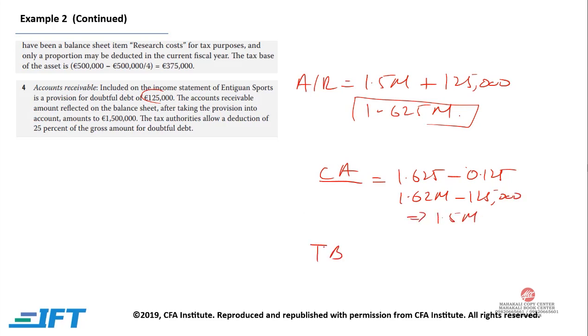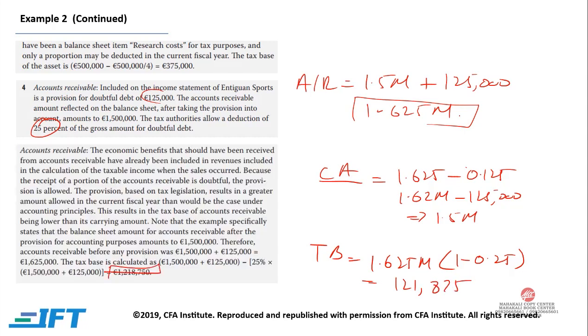For tax base, they say the tax authority allows deduction of 25% of the gross amount. So the gross amount technically was 1.625 million, and we can deduct 25%. This would be 1 minus 0.25. So 1.625 into 0.75 is 1.21875, multiplied by 1 million is 1,218,750.